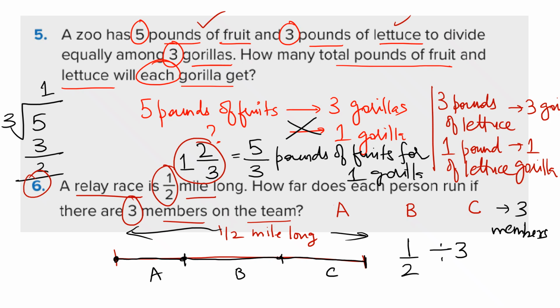Because each member travels an equal distance and the total is this. So I convert division to multiplication. It makes it easy. Switch, take the reciprocal. So 3 over 1 will become 1 over 3. So what is your correct answer? 1 over 6 miles. Each member will run 1 over 6 mile for the relay race.